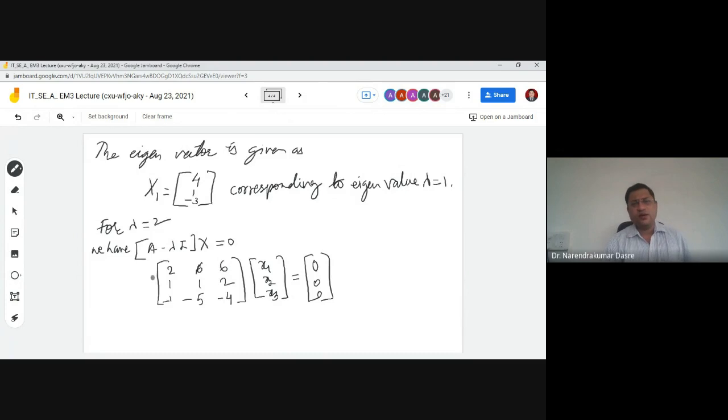So here Cramer's rule is applicable, as we require a minimum of 2 distinct equations for Cramer's rule. Hence you can choose any 2 equations: 1 and 2, 1 and 3, or 2 and 3. Any of these 3 combinations you can choose. Which one do you want to choose?